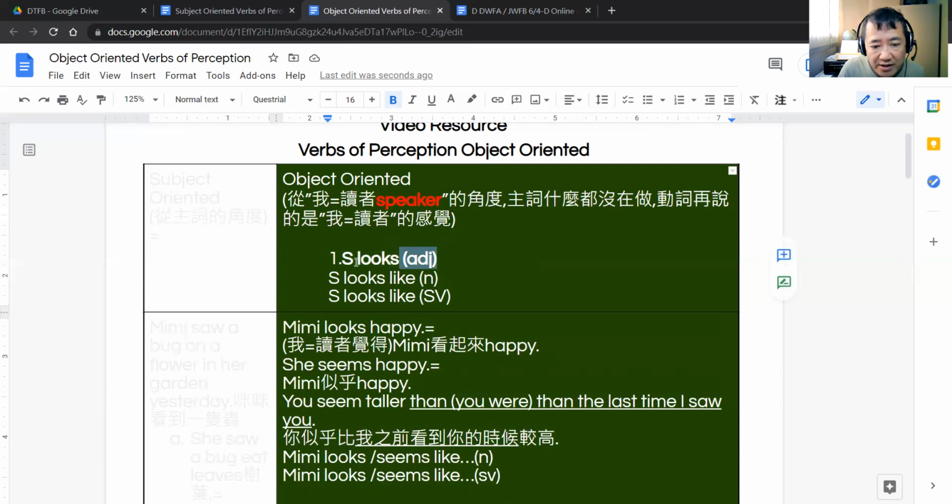All right, so in this example, we're just gonna use the word look as the verb of perception. And for the subject, we're gonna continue using our friend Mimi. So Mimi looks, and then over here, I need some adjective. Let's say happy.